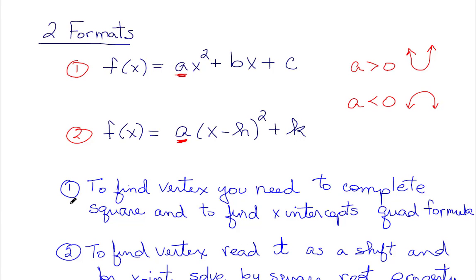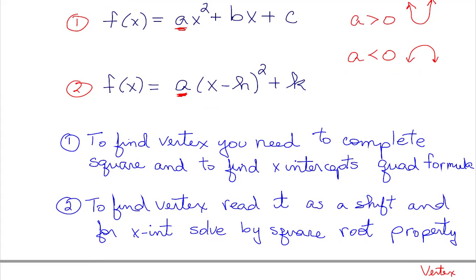Now, if we're talking about format number 1 here, that's the messiest, because to find the vertex, I'm going to need to complete the square. Or I could also use what's called the Vertex Formula.